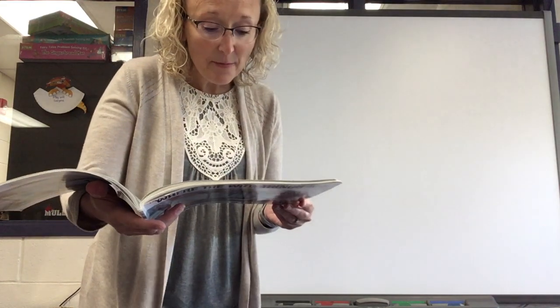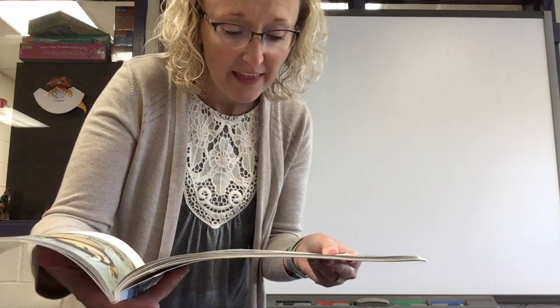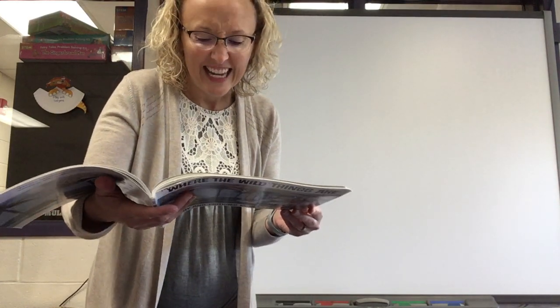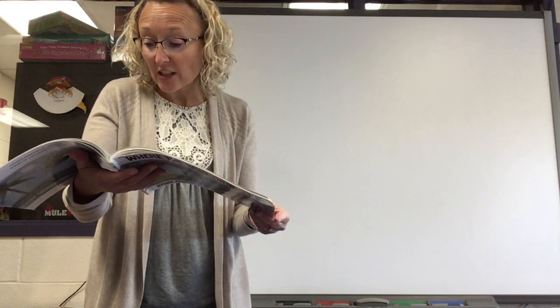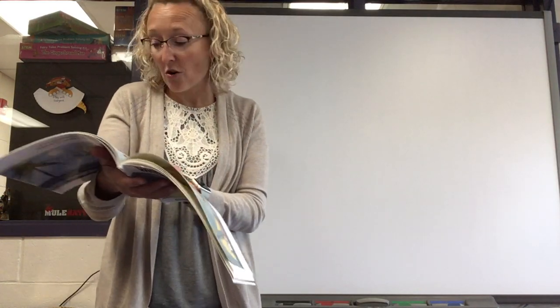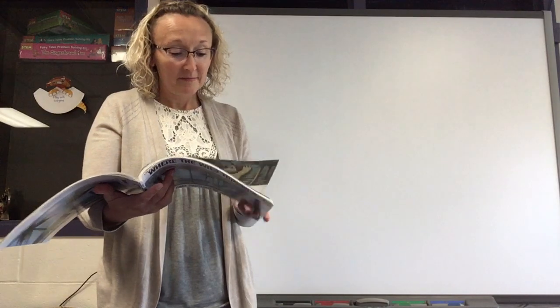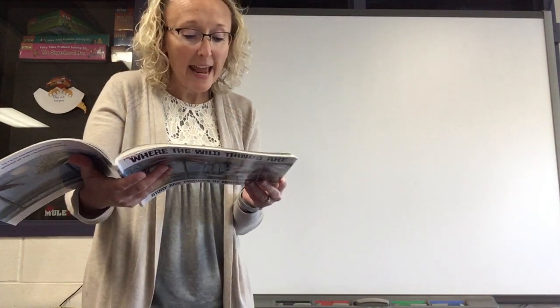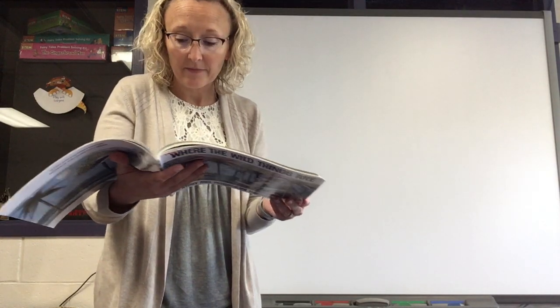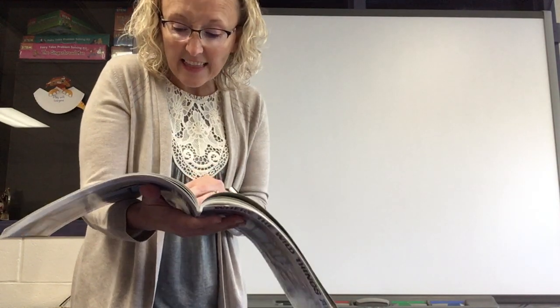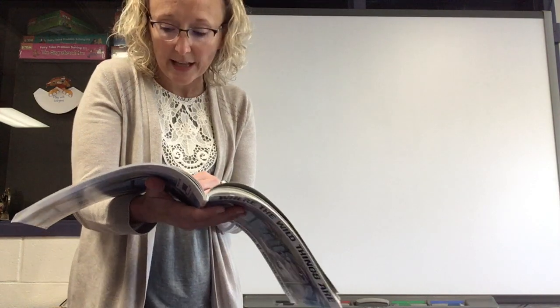And when he came to a place where the wild things are, they roared their terrible roars and gnashed their terrible teeth and rolled their terrible eyes and showed their terrible claws, until Max said, "Be still," and tamed them with the magic trick of staring into their yellow eyes without blinking once.